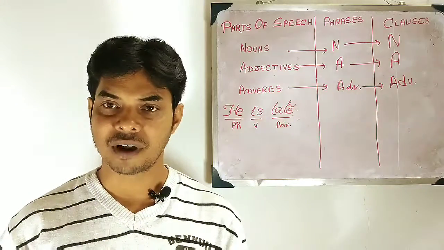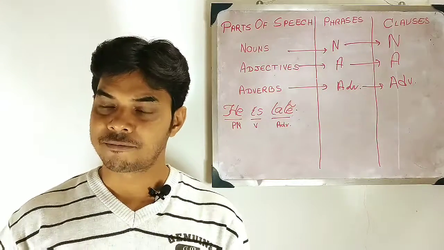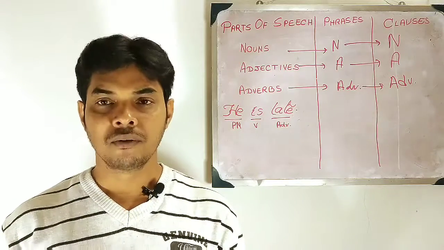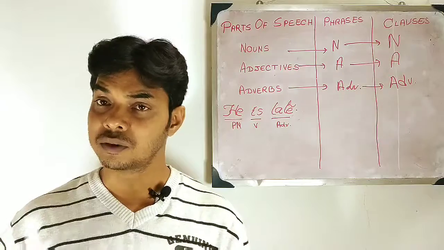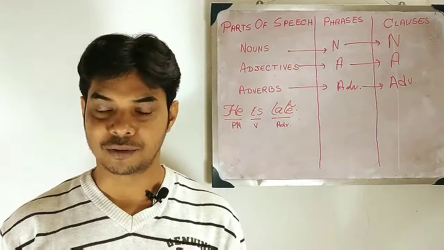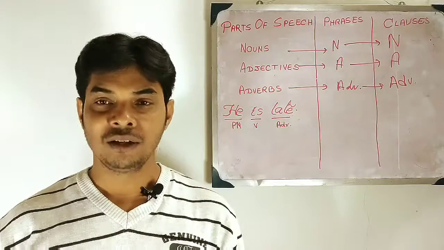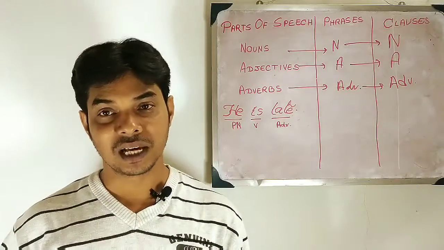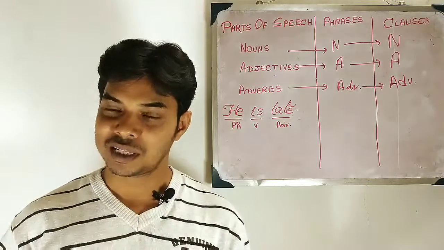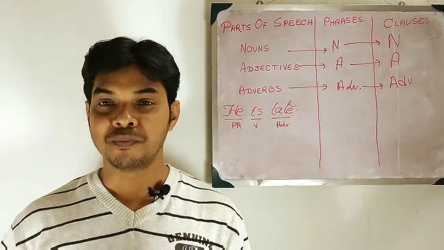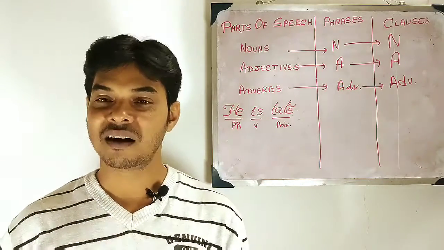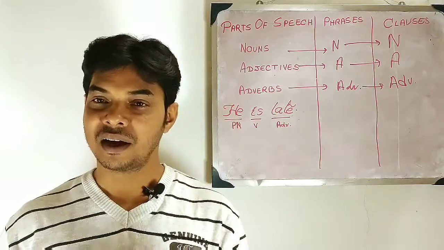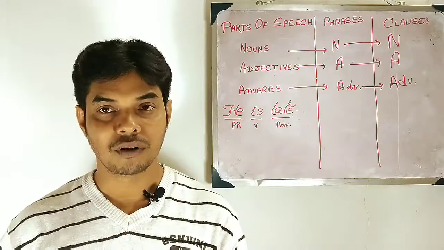So the basic difference between a phrase and a clause is that a phrase is a group of words without a finite verb, whereas a clause is a group of words with a finite verb. So finally, we may come to a conclusion that a clause is nothing but a small sentence within a big sentence. So clauses are sentences within a sentence, and they are in the form of a group of words.